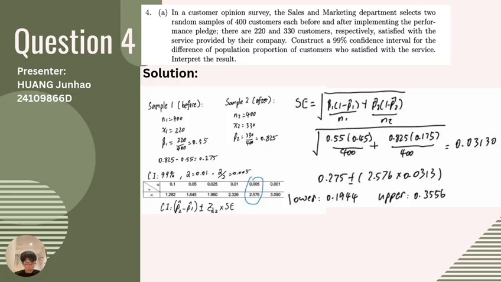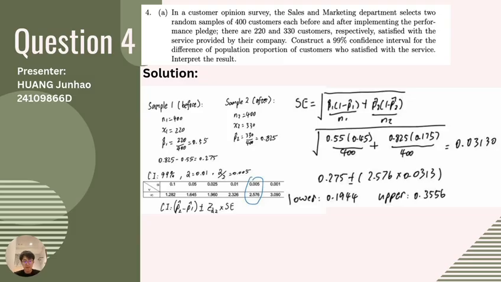Next, we need to find the critical value and standard error. Since we need a 99% confidence interval, we look at the table and the critical value is 2.576. Now, for the standard error, we just use the formula.